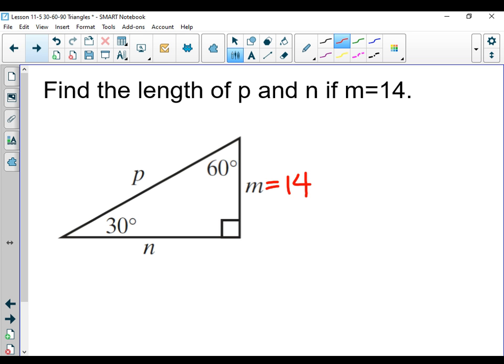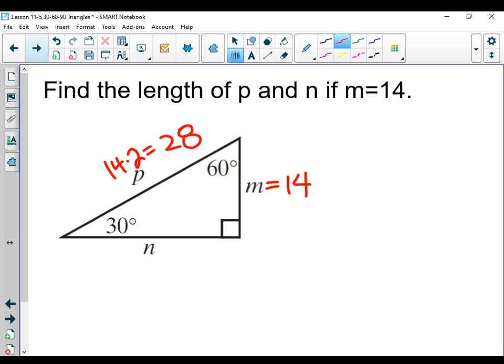Zach, do you know what we're going to call this side? Short. It's the shorter one. What does your paper say about the short leg? It's 14 times. So 14 times 2. Okay, Aubrey, 2 times the shorter leg. 14 times 2. 28.